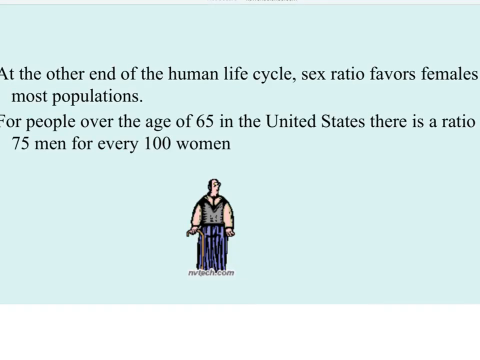Now, on the other end of the spectrum, it favors females. So people over the age of 65 in the United States, there are 75 men for every 100 females. That means if the guys are willing to wait till age 65, they will have their pick of geriatric women to marry.